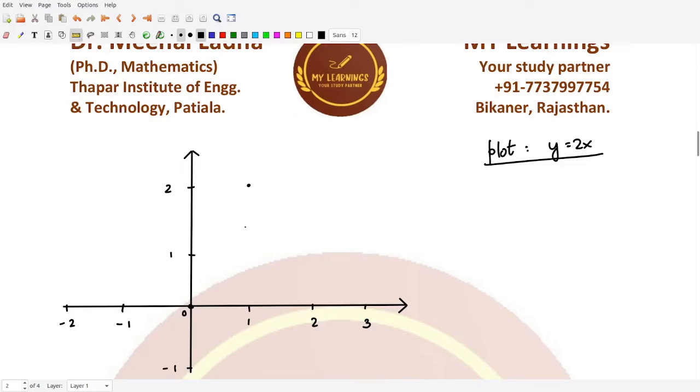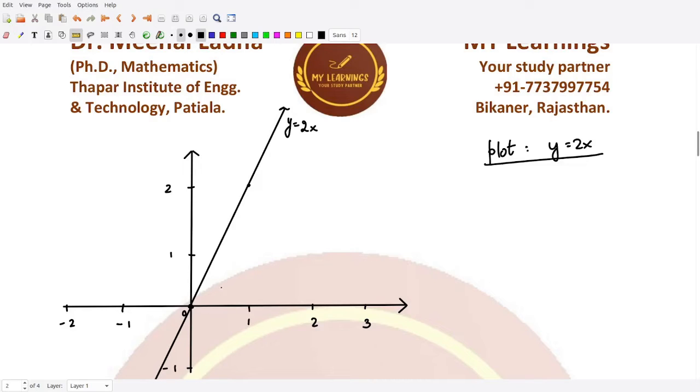So you have something of a straight line like this, passing through the origin and going in this direction. So this is your y is equal to 2x. It would be moving in this direction, and similarly you could extend it further in the negative direction as well, right?